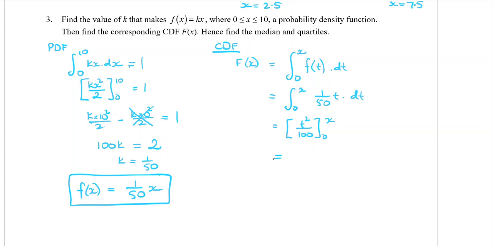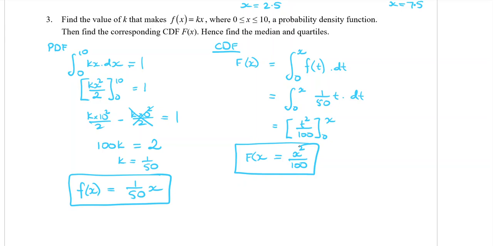That's why we need the t in there. We can't integrate x and then sub x back in. We have to change the letter in there so that we can work with that. Subbing in, x squared over 100 minus 0 squared over 100, so that would just be 0. So that there would be my capital F of x, my cumulative function.